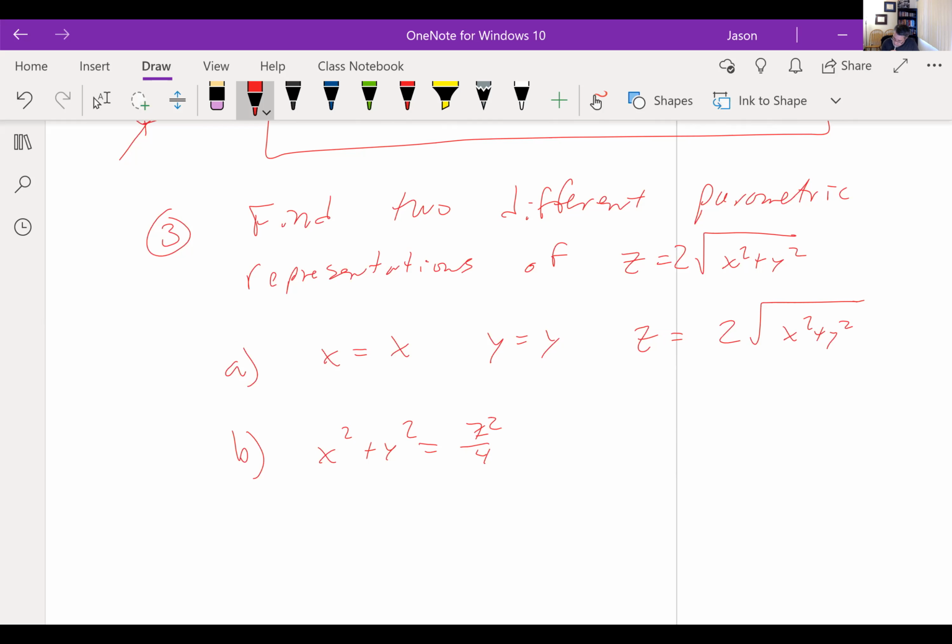Whereas if we had a theta, say this is my theta here, what does that tell me? That tells me where my great circle is.